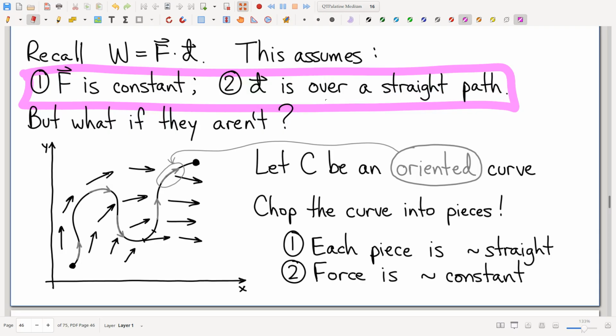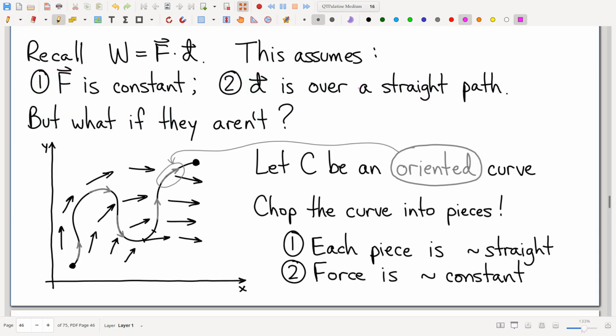So the question we're going to address is, if you have a not straight path, and as you move along that not straight path, you have a not constant vector field. Look at how my vector field is highly varied over space. How would I compute this work? In other words, if I have to apply these non-constant forces as I move across this non-straight path, how would I compute the total amount of work? Does everybody see what we're going to try to deal with here?